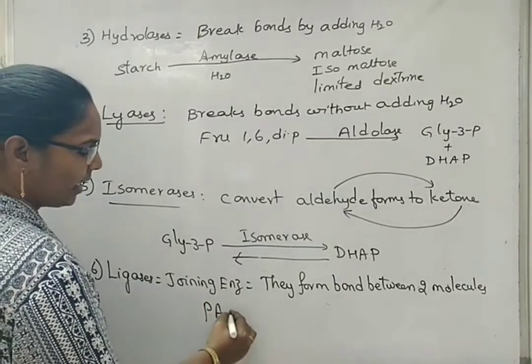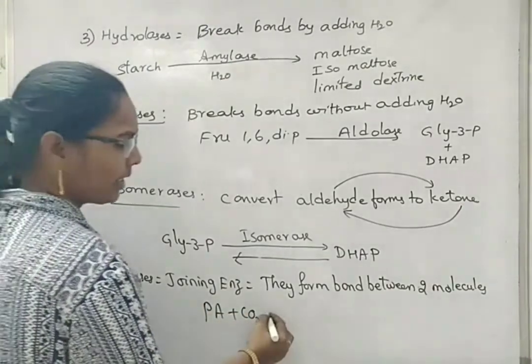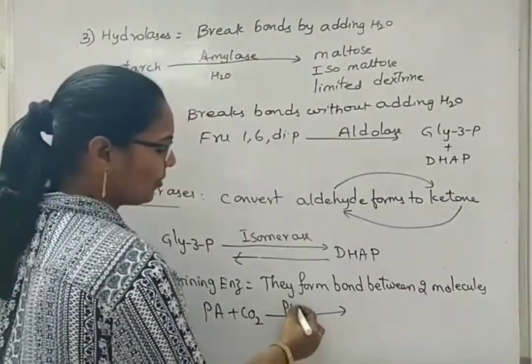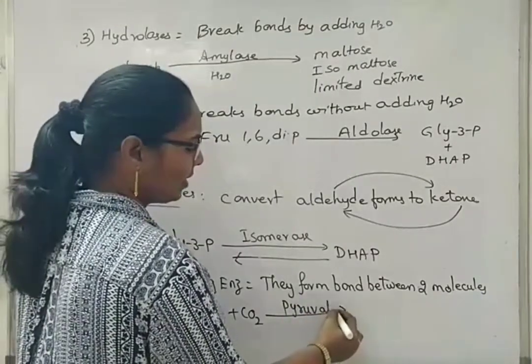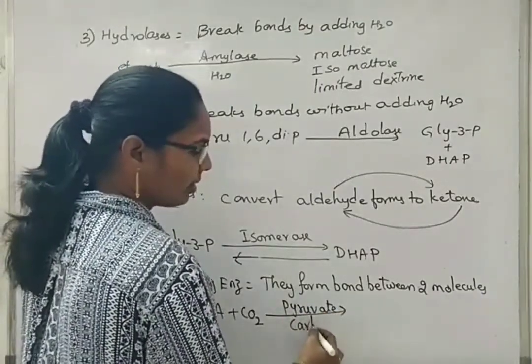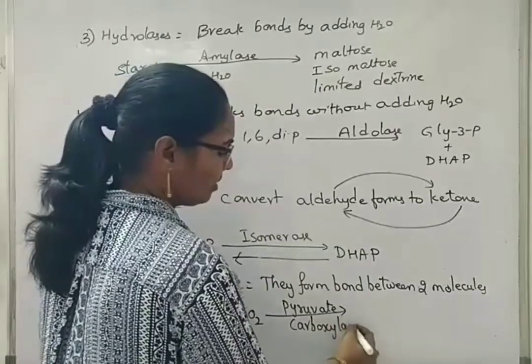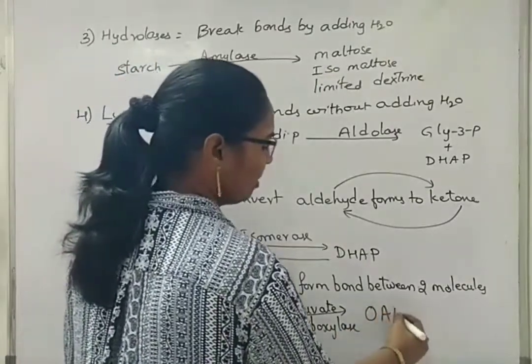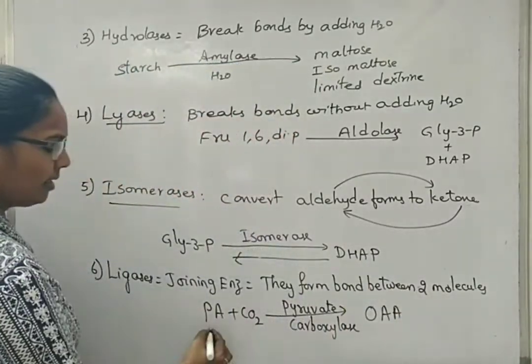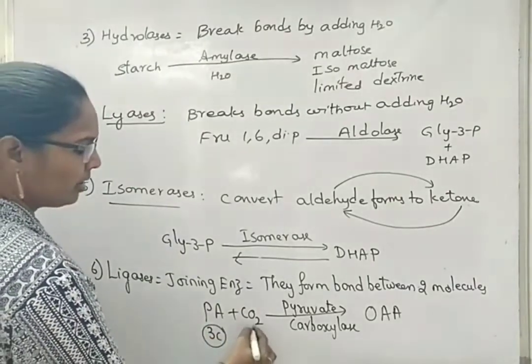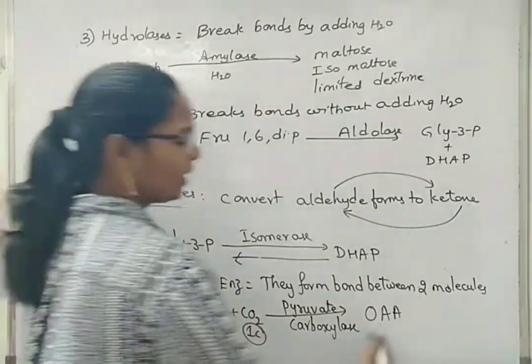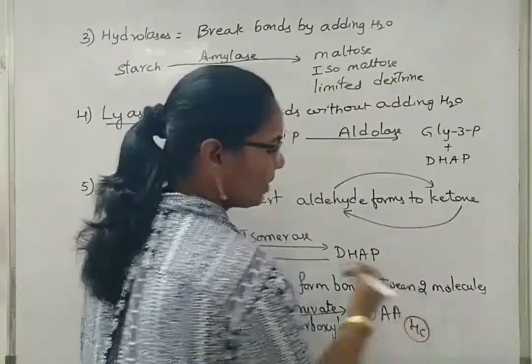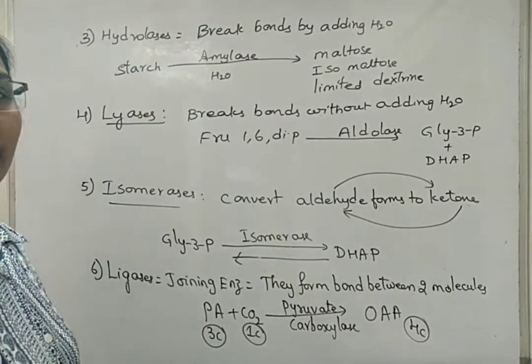So here we can take pyruvic acid plus carbon dioxide in presence of the enzyme pyruvate carboxylase getting converted into oxaloacetic acid. This is a 3-carbon compound, this is a 1-carbon compound, getting converted to a 4-carbon compound, that is oxaloacetic acid.